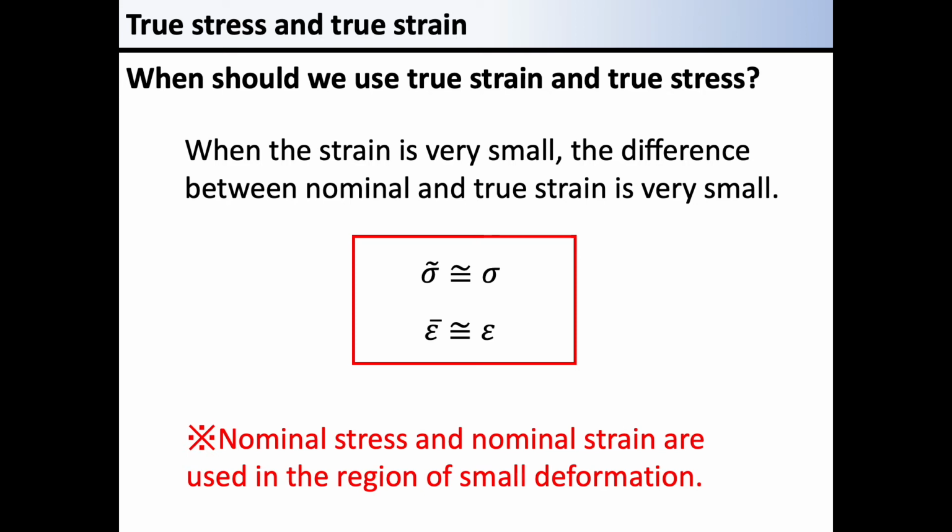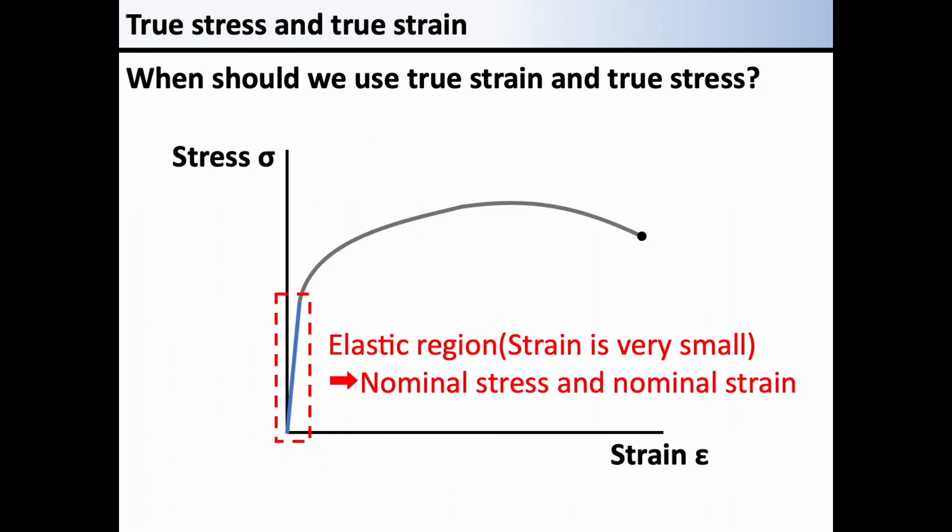So, for problems that deal with small strains, nominal strain and nominal stress are sufficient as in previous cases. Note that the problems of small strain are equivalent to elastic problems. In the elastic region, since the strain is very small, using nominal strain and nominal stress causes no problems.